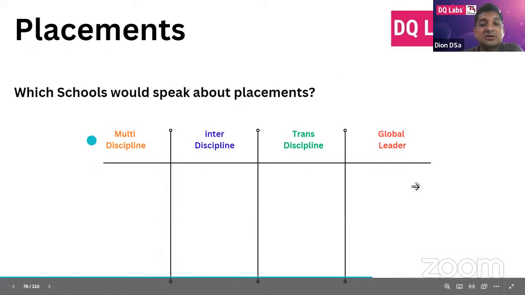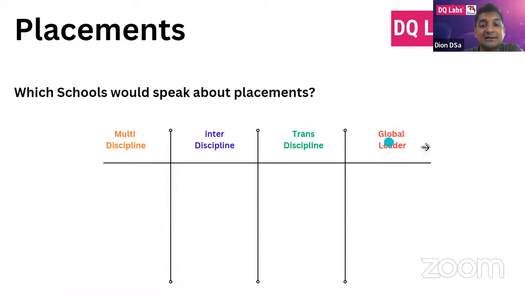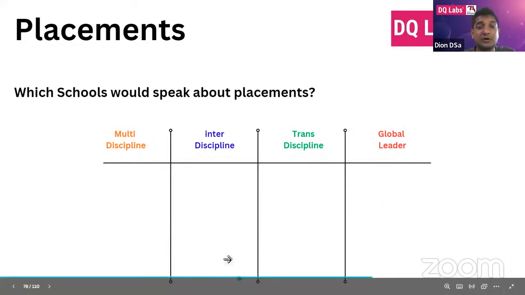What do you think? Which mindsets of schools would you think would talk about placements, right? Would the multidisciplinary schools talk about placements or transdisciplinary? I want to know your thoughts on that. Who would talk about placements?